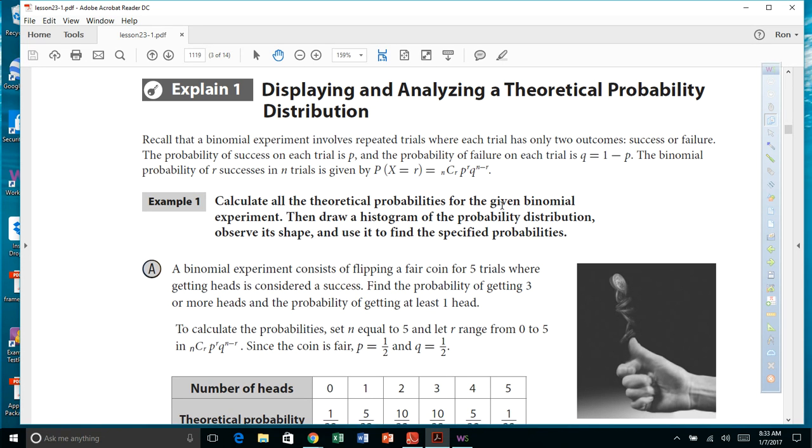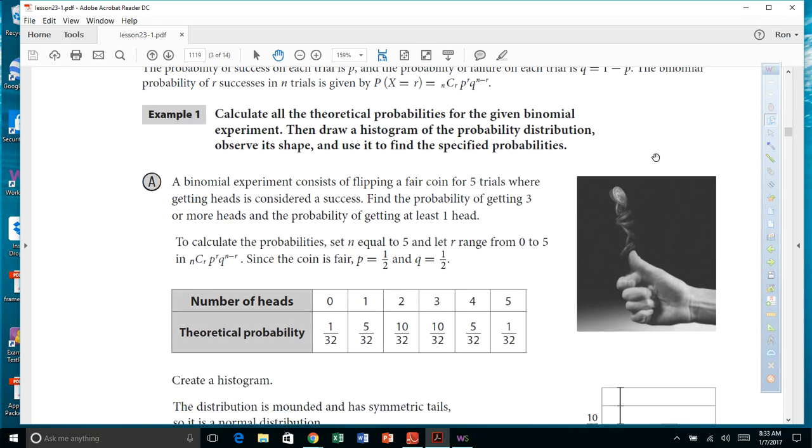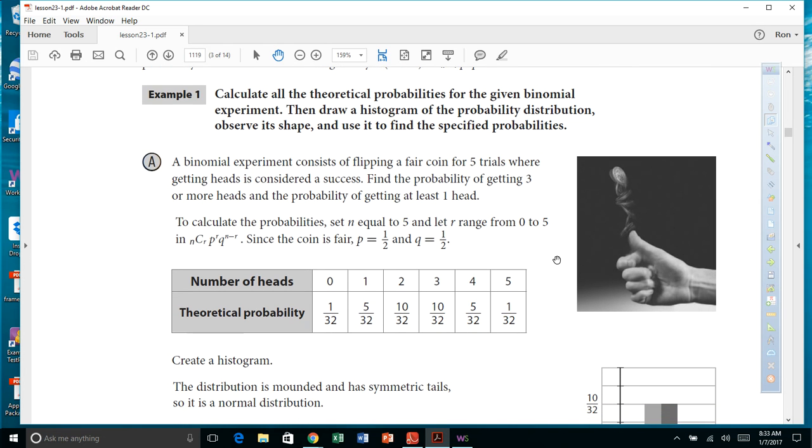The probability of success on each trial is P, and the probability of failure on each trial is Q, which is 1 minus P. The binomial probability of R successes in n given trials is P of x equals R equals n choose R times P to the R times Q to the n minus R. Calculate all the theoretical probabilities for the given binomial experiment, then draw a histogram of the probability distribution.